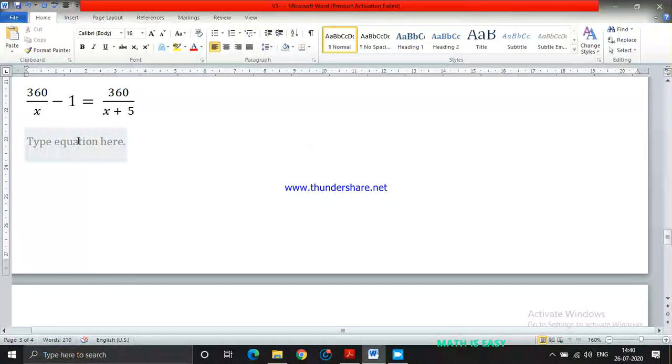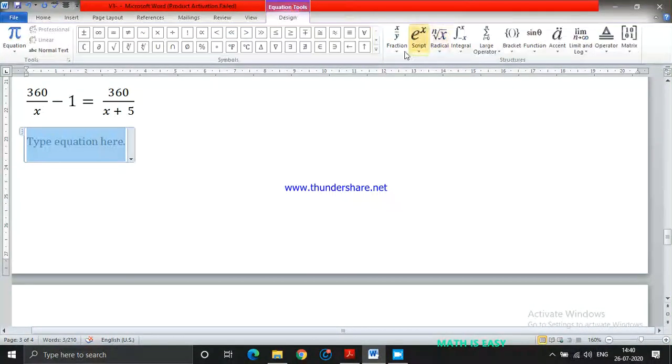When I take the LCM, the denominator here, the LCM is going to be x, and the numerator what you get? 360 minus x is equals to 360 upon x plus 5.